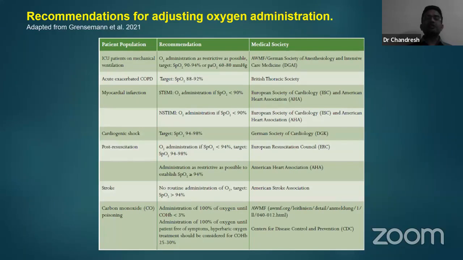Post-resuscitation, meaning after the CPR, if a patient is completely unconscious, not oriented, not maintaining the saturation more than 94, then definitely you have to start the O2 therapy. In a stroke patient, if saturation is more than 94%, they do not need oxygen therapy.